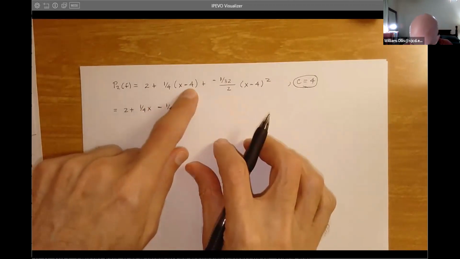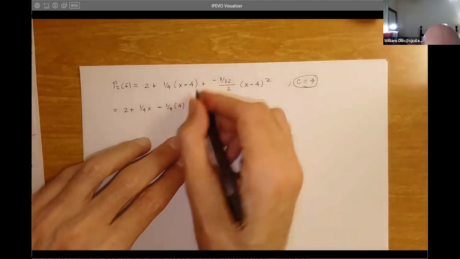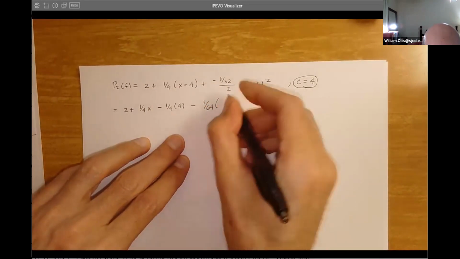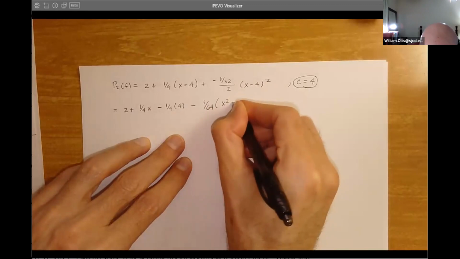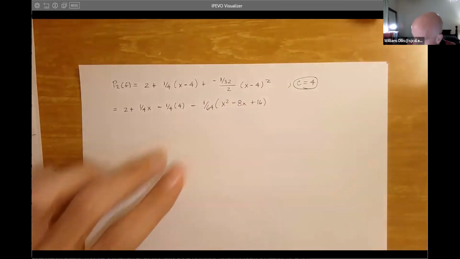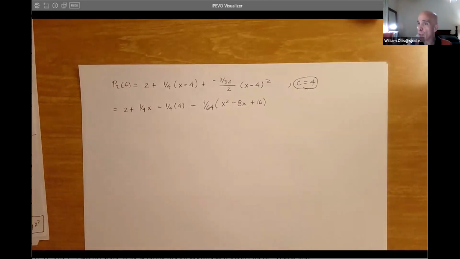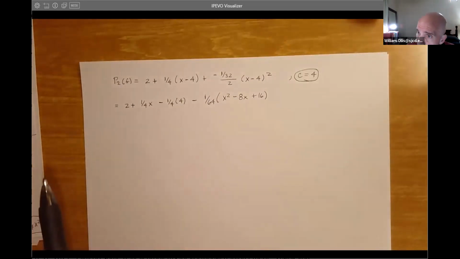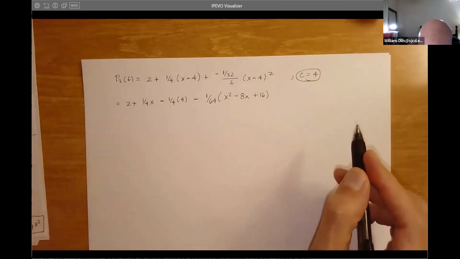Again, negative here, 1/4 times a 4, minus 1 over 64. Now we've got x squared minus 8x plus a 16. That looks a little bit better. So again, it's funny how I say it, we have to be careful. And there we go. That's why you write everything down and double, triple, and quadruple check.